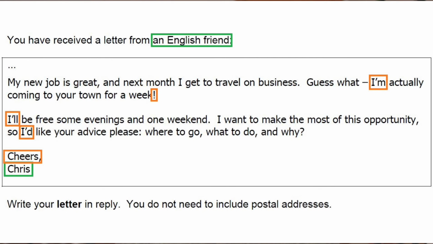Writing to a friend already tells us that we might be able to use informal language here. On top of that, I put some orange boxes around informal language features. We can find contractions, we can find colloquial expressions like cheers, and we can even find informal punctuation, here in the form of an exclamation mark at the end of the second sentence.